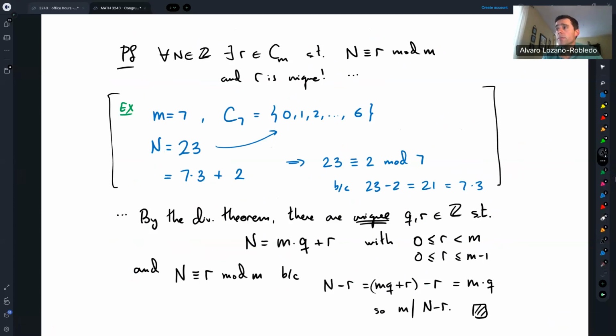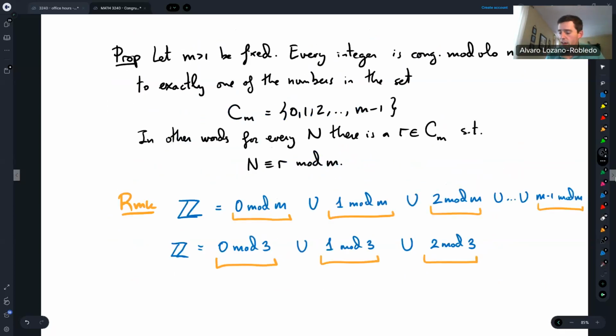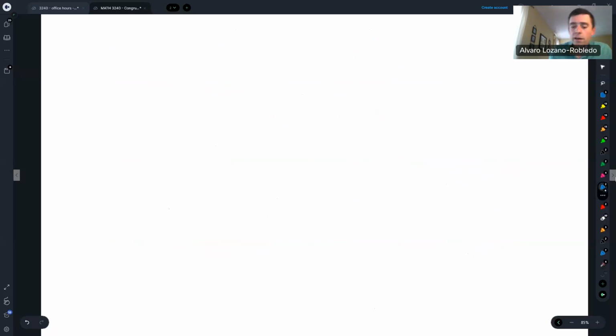So by this theorem, what it says is that for every integer, there is exactly one number in here that the integer would be congruent to, and that we're going to give a name. We're going to call that the least non-negative integer. Okay, so let m and n, an integer, be fixed.